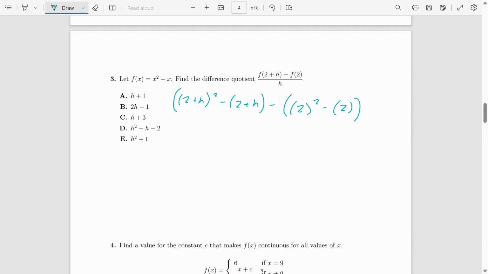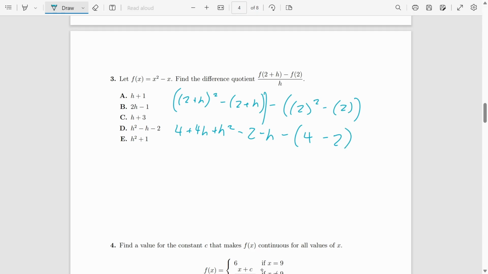So then we go ahead and simplify this. So first part is 4 plus 4h plus h squared minus 2 minus h, minus 2 squared, which is minus 4 minus 2.